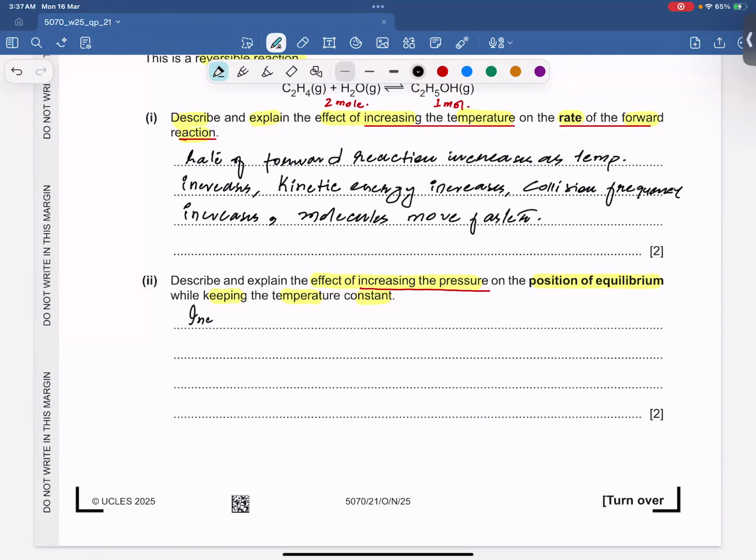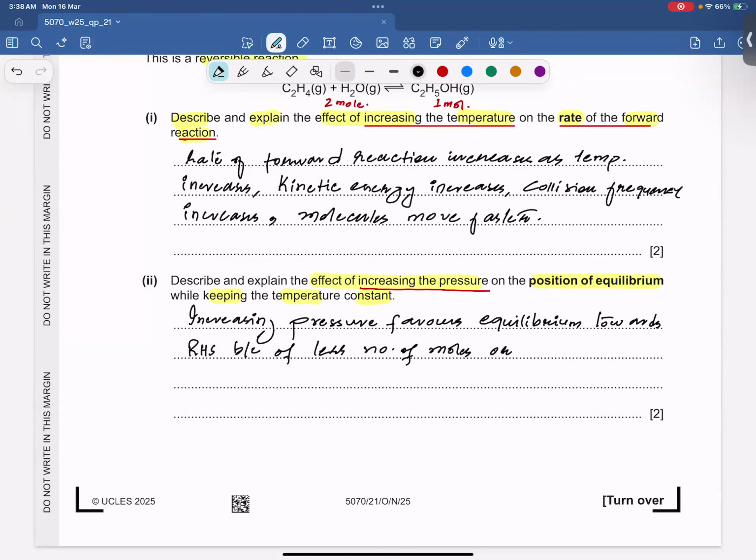Increasing pressure favors equilibrium towards the right hand side because of less number of moles or lesser volume.